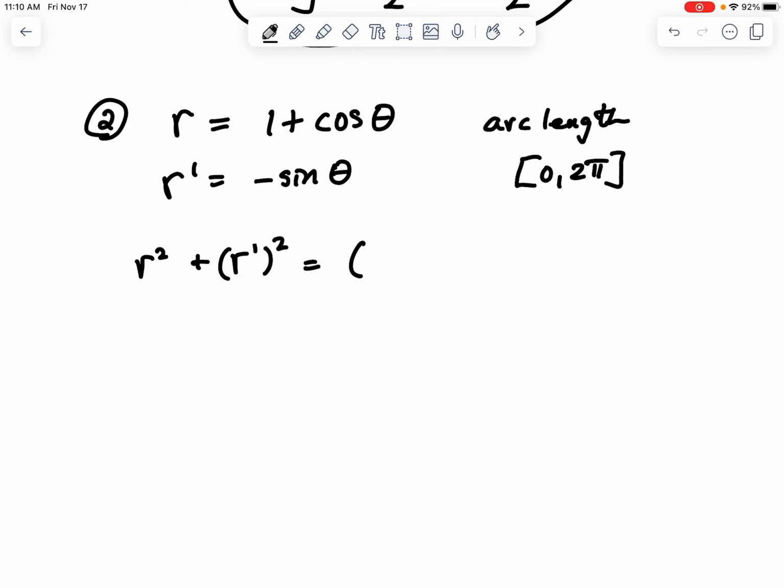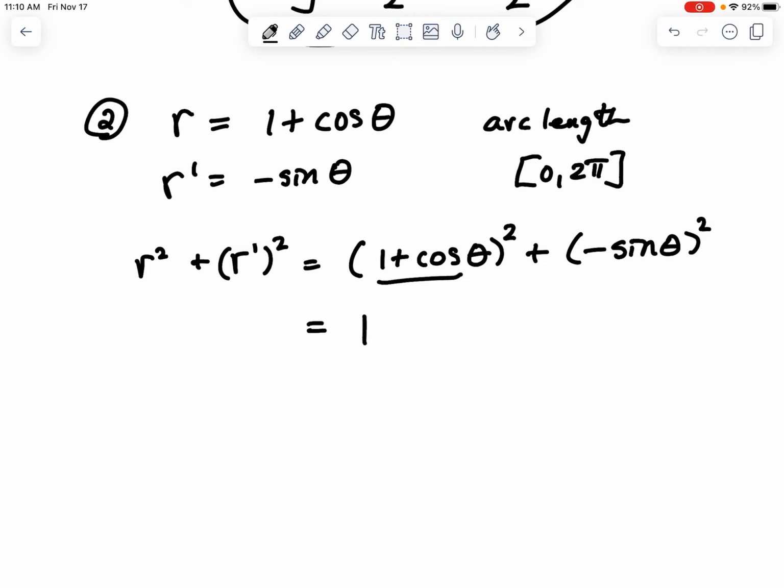So r being squared means 1 plus cosine theta being squared. And then r prime also gets to be squared. So when you square this 1 plus cosine, the first term would be 1. The middle term would be 2 cosine of theta. And then when you square cosine, that's going to be cosine squared.